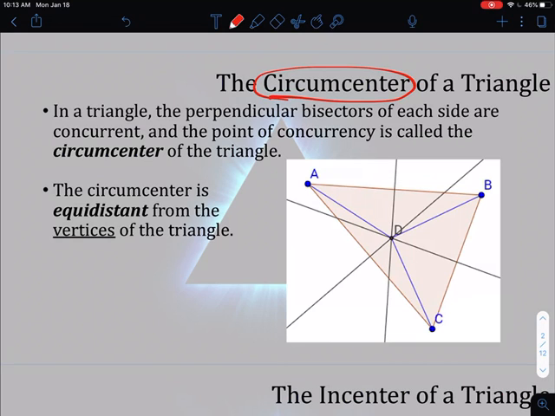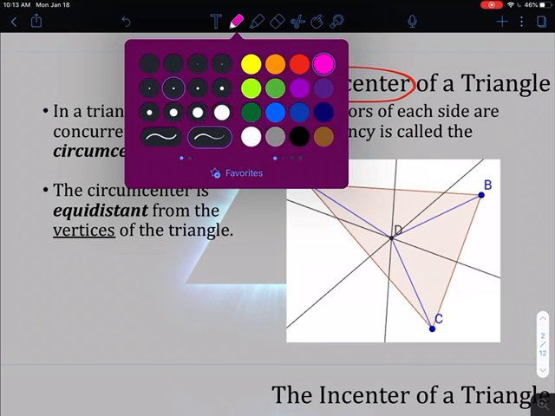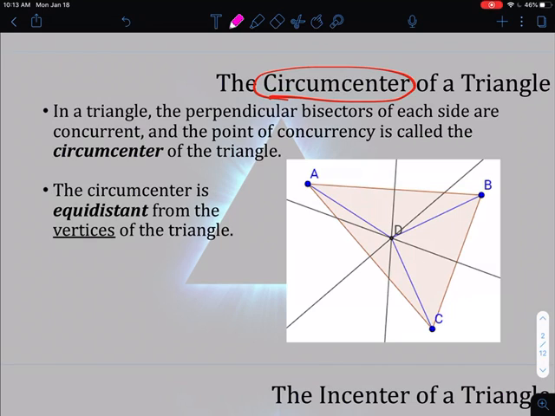When we're going through this definition, we want to pay close attention to a couple of things. First, in a triangle, the perpendicular bisectors, we talked about those last section. I have perpendicular bisectors for each side of my triangle: side AB, side BC, and side AC in the picture below. These black lines are the perpendicular bisectors, and the system I used to create this picture didn't have all the things I needed, so I'm going to add some stuff here.